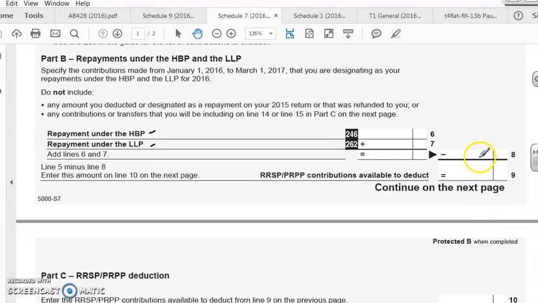We're going to leave that blank because blank represents insignificant zero, meaning it's not applicable. And so the total amount that he has contributed is $500.